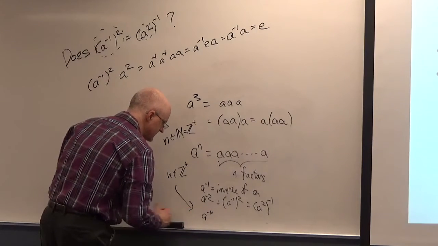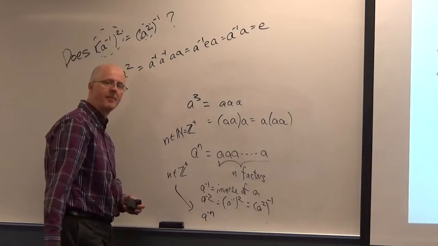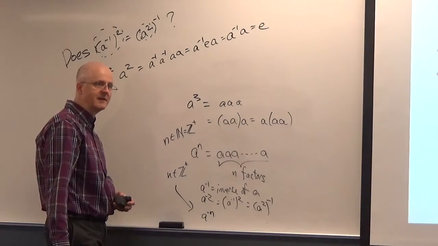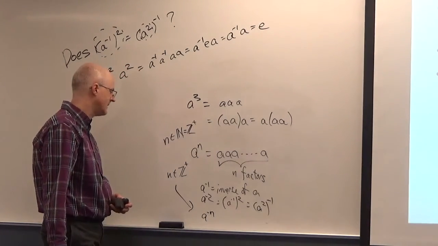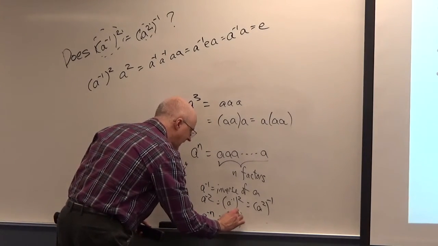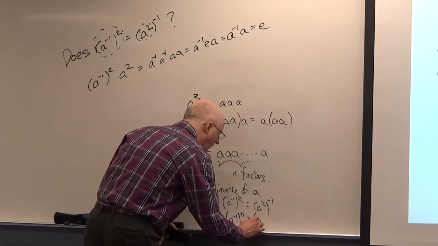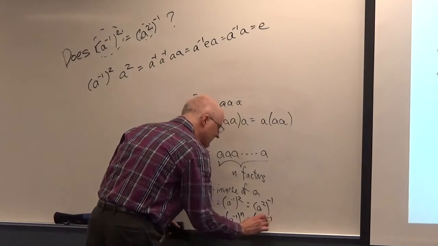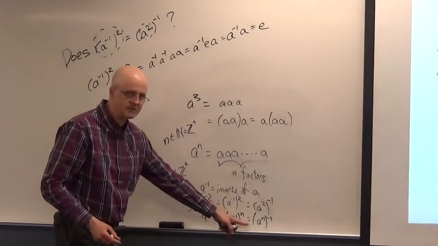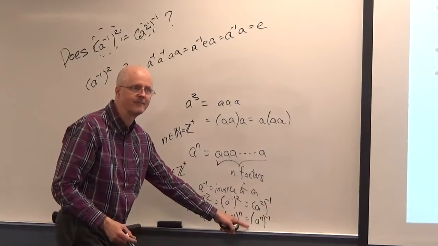That might get less confusing. Negative n is going to be a negative integer then. You could either define it to be the nth power of a inverse, or the inverse of a to the nth power. Though again, you'd have to verify that these really give you the same thing, and you can do that. They do give the same thing.